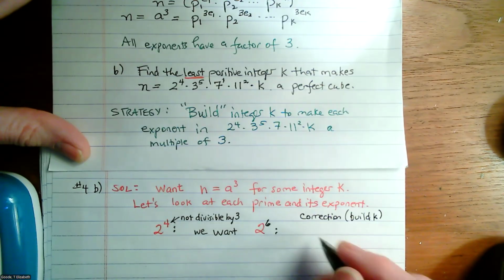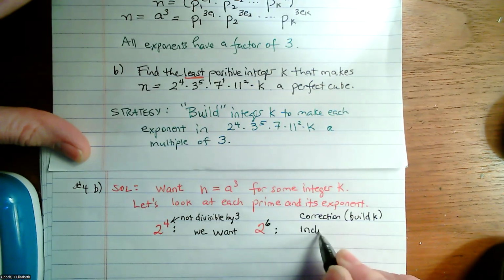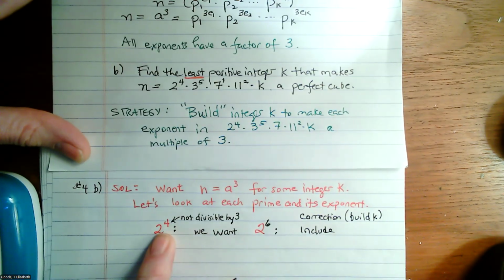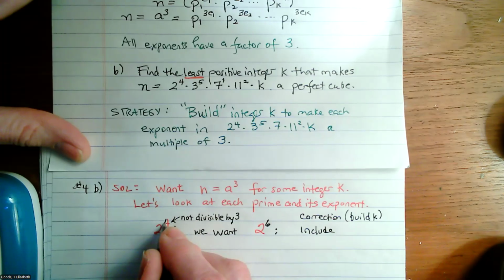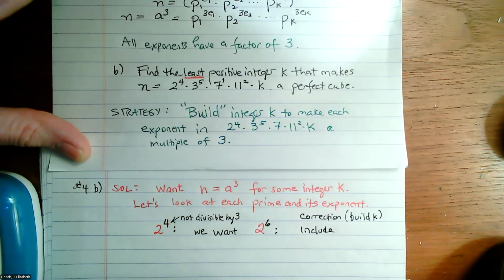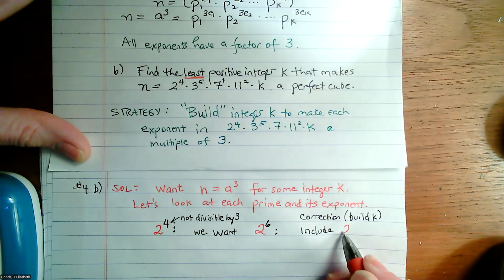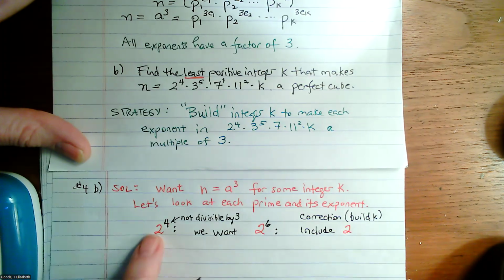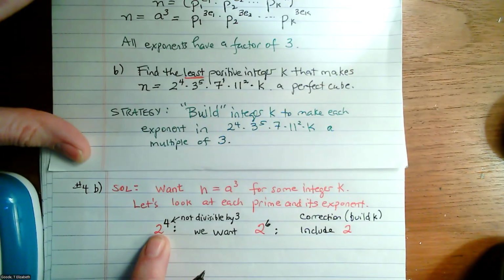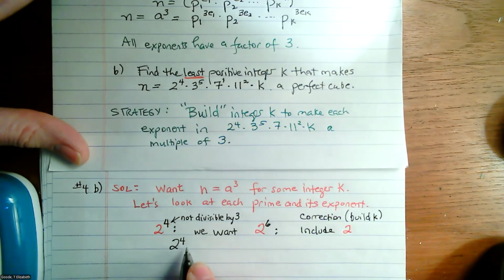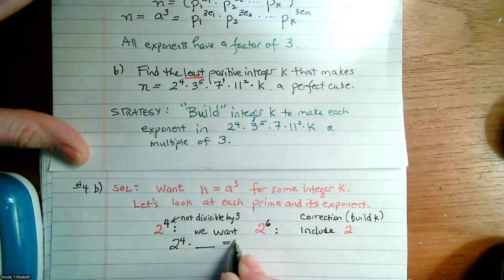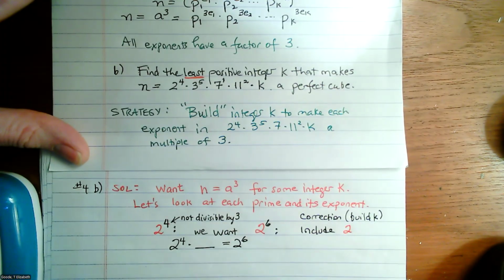So in our correction, we're going to include how many copies of 2 is the increase from 2 to the 4th to get to 2 to the 6th? 1/2. Well, how many copies of 2? What do we have to multiply 2 to the 4th by to get 2 to the 6th?